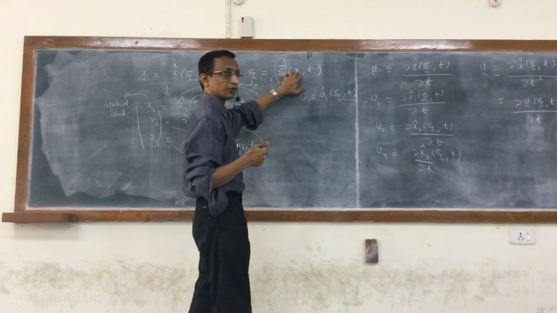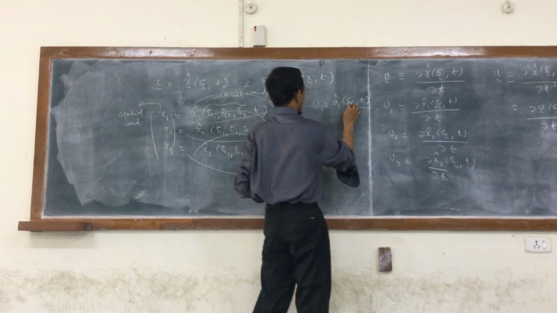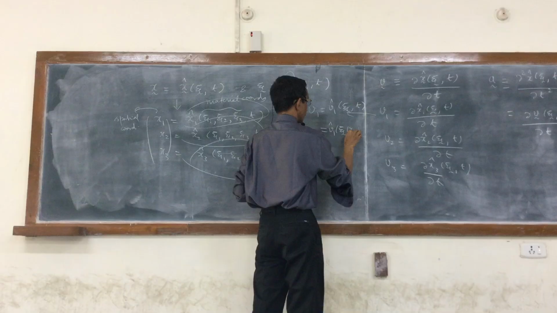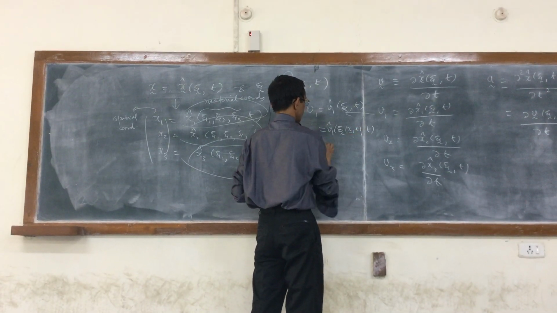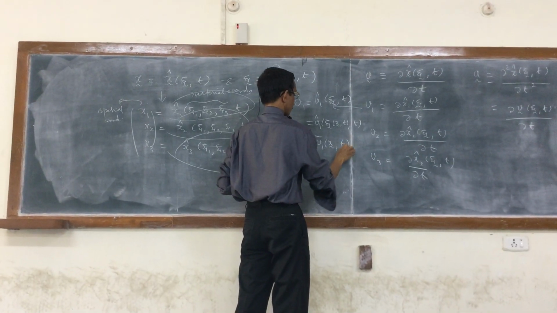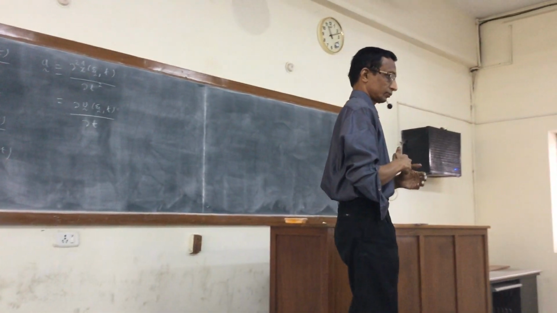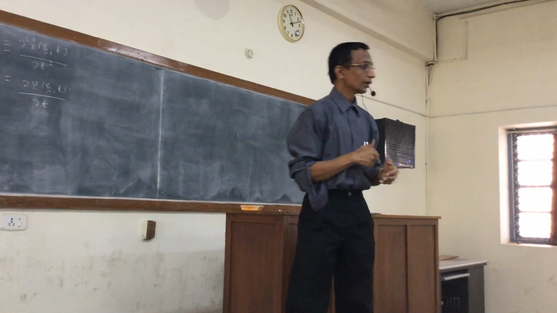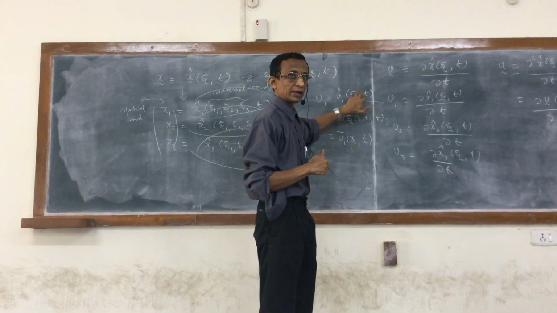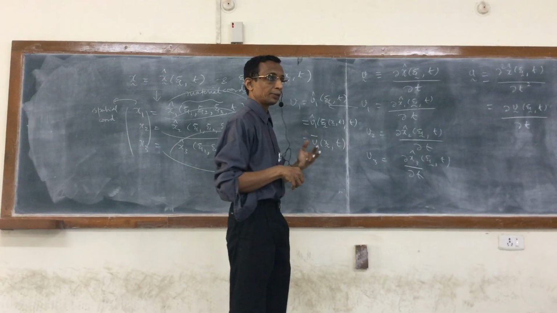However, on account of this, which expresses psi in terms of x and t, I can write this as a function of x and t. Because psi can be expressed as a function of x and t, I can express a function which by definition is a function of psi and t in terms of x and t. So this is very important to understand.